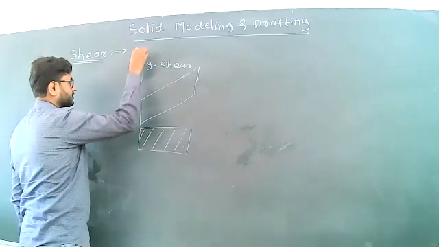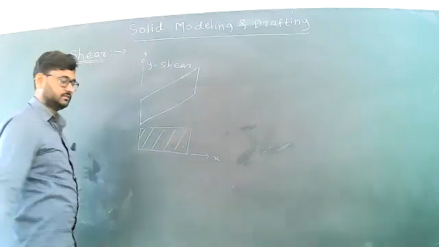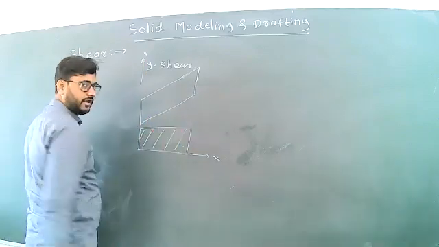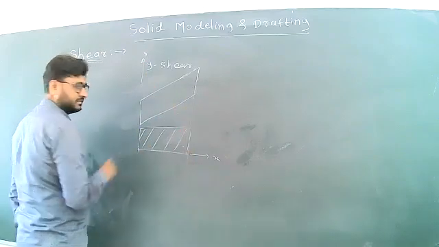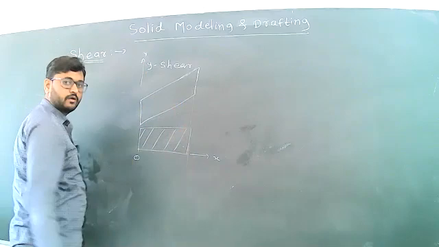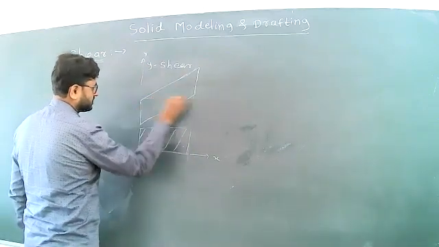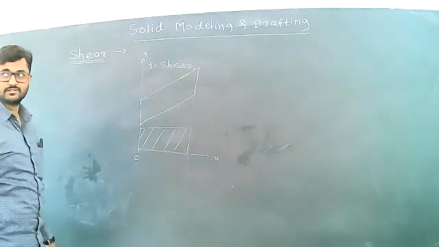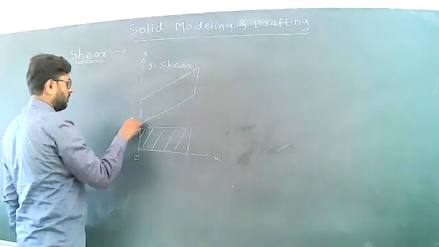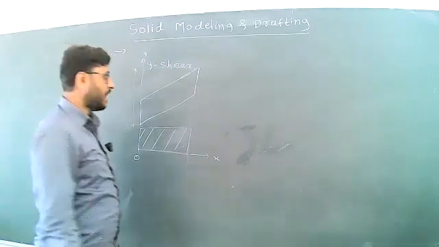It's sheared along the y-axis. Suppose this one is the y-axis and this one is the x-axis. So shearing along the y direction means what? The x distance is constant, but the y distance varies. This distance is along the y direction, and it varies along the y direction. It is nothing but y shear.